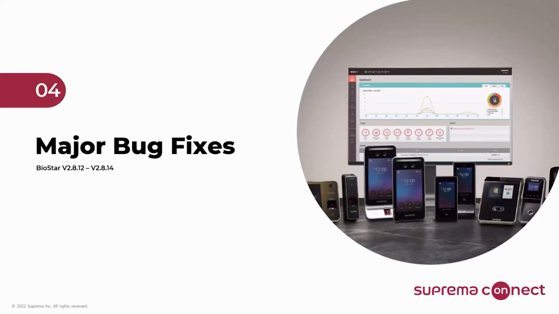So far, we have reviewed the new features for BioStar 2.8.12 to 2.8.14. From now on, we will introduce the main bug fixes. Today, we will mention only some of the major bug fixes, so if you need a detailed list, please download the BioStar 2 revision note from the Suprema website and check it out.